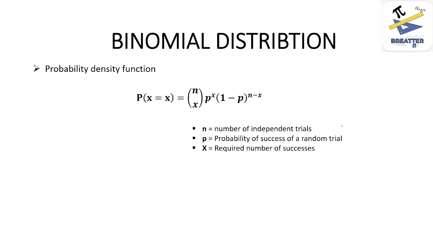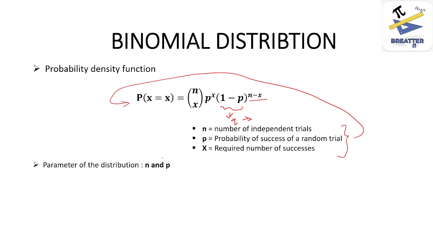If we are given these three quantities, then we can find the probability for any given number of trials. So P of X equals nCx P raised to X into 1 minus P, where 1 minus P is Q, the probability of failure. Here P is the probability of success, N is the number of independent trials, and X is the required number of successes. So (1 minus P) raised to N minus X.